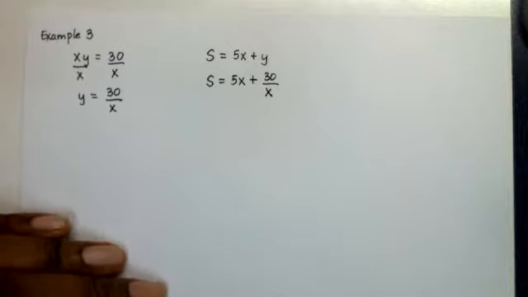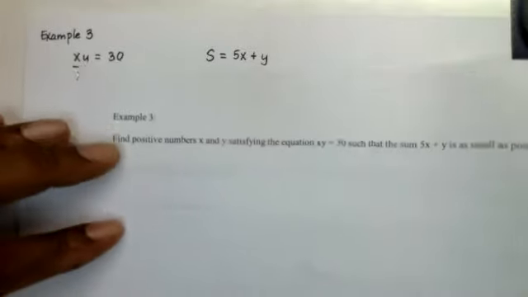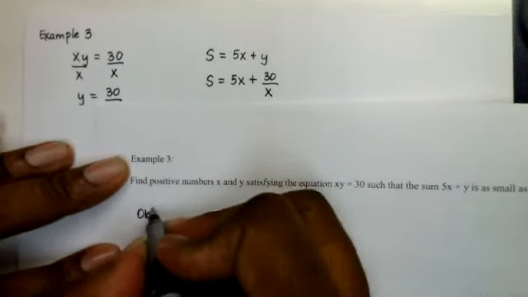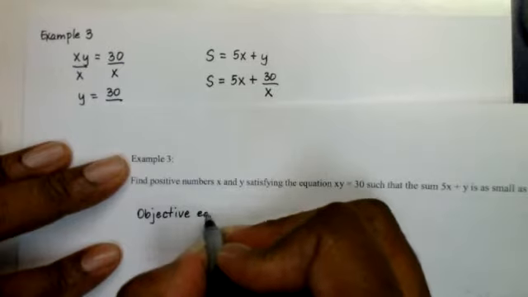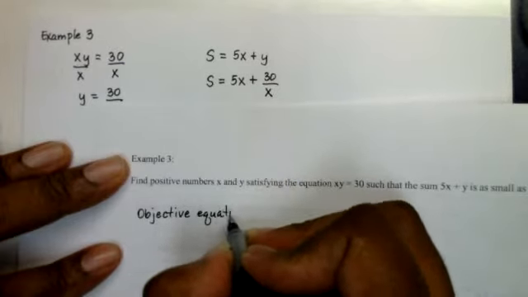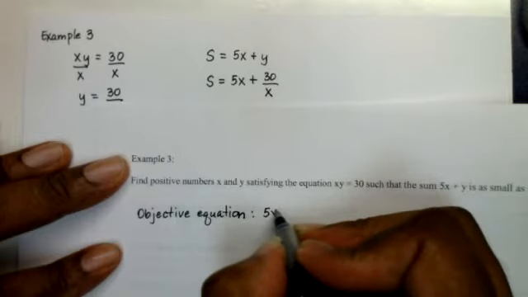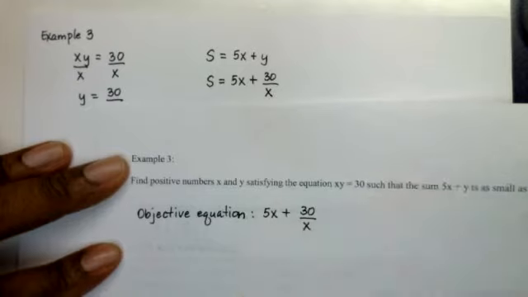So this represents the objective equation. Let's say the objective equation is 5x plus 30 over x.